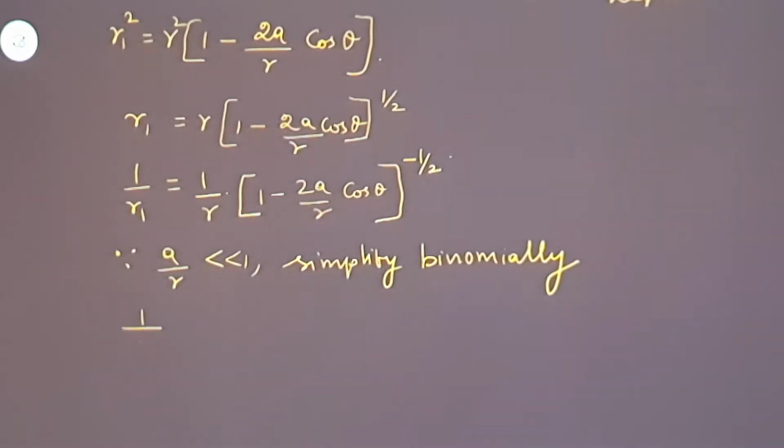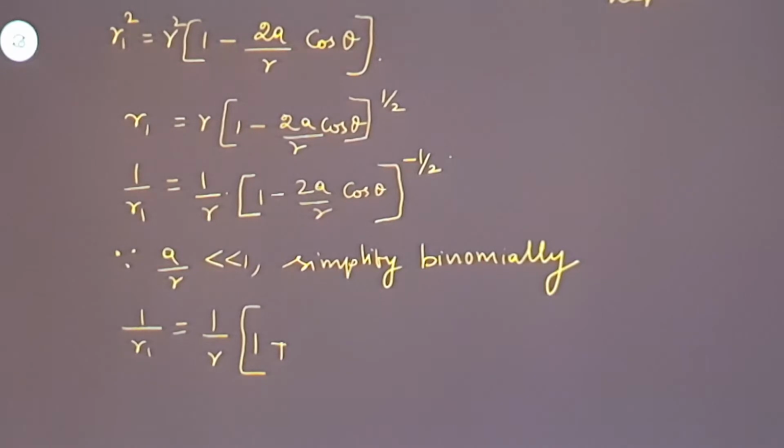I can simplify 1 divided by R1 is equal to 1 divided by R. While simplifying this binomially, the first term will be as it is. The second term you are having minus; taking this power to the base, I will be getting minus into minus, which will become plus.